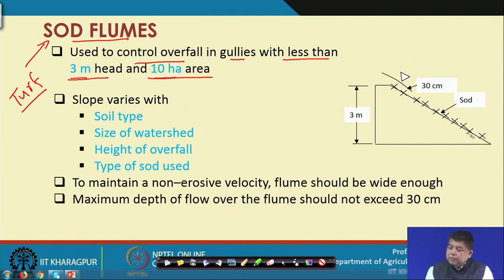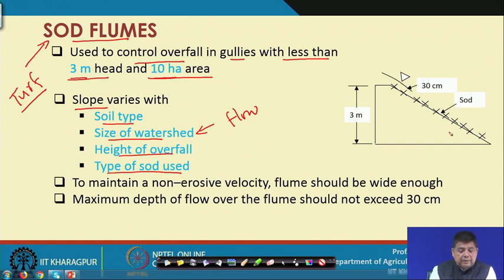That means a sloping surface, where the sods will be placed in such a way that it acts like a flume over which the water flows. And the slope that is to be provided depends on soil type, size of the watershed, height of overfall and type of sod used. Size of the watershed basically means the flow magnitude that the structure has to handle.